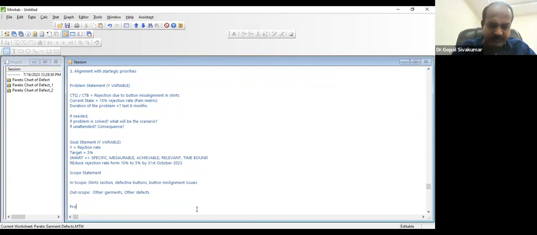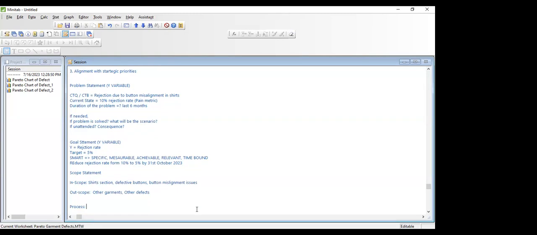Now you have to identify the process that needs to be improved. Now tell me, what is the process that requires improvement now? The alignment process. The button alignment. Button alignment in shirt.